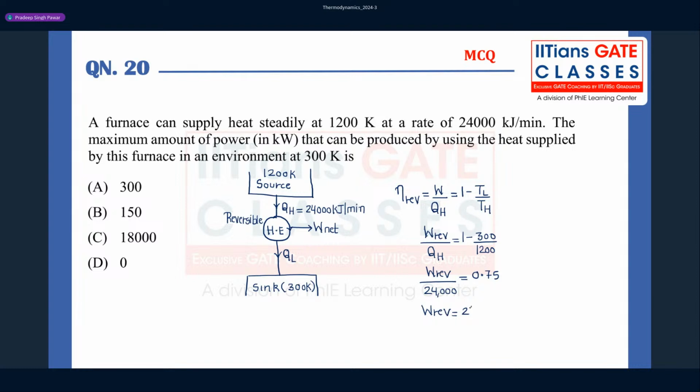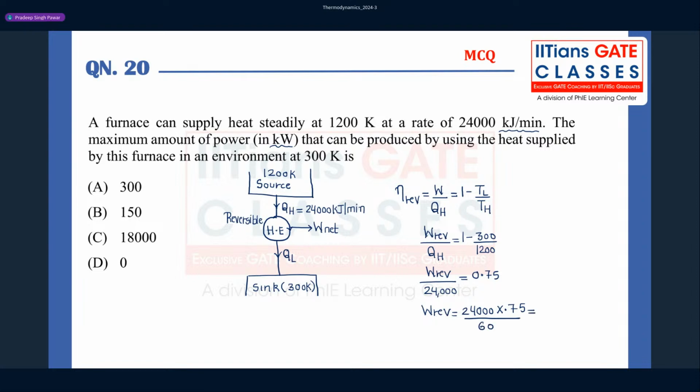So you can multiply this with 0.75. The value of energy that is given by the source is given, the unit is kilojoule per minute. Okay, but the answers that are given, they are in kilowatt. So we have to convert this kilojoule per minute into kilowatt. So divided by 60.